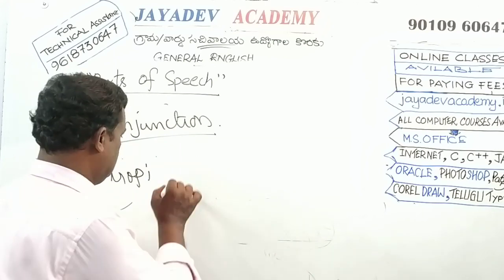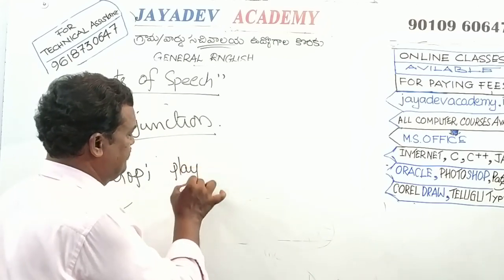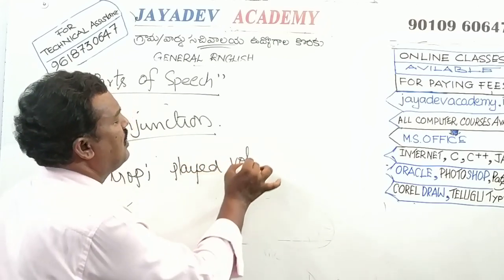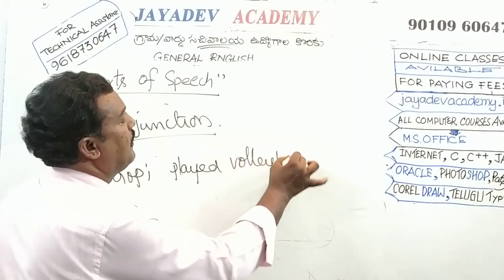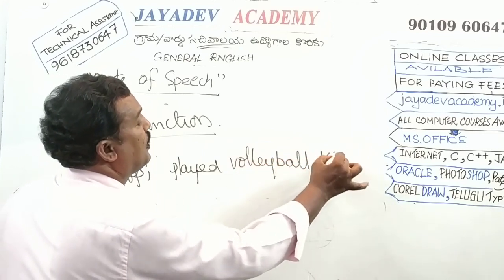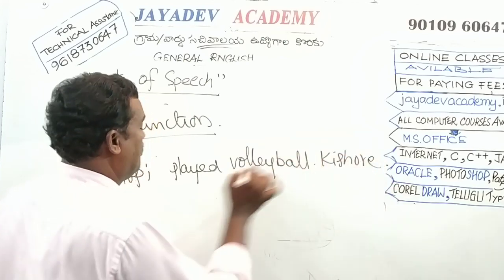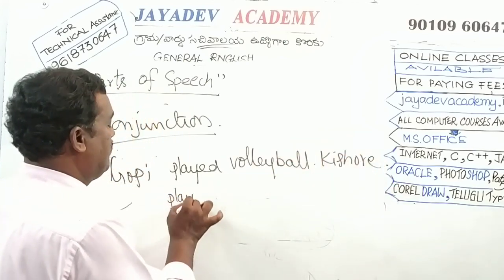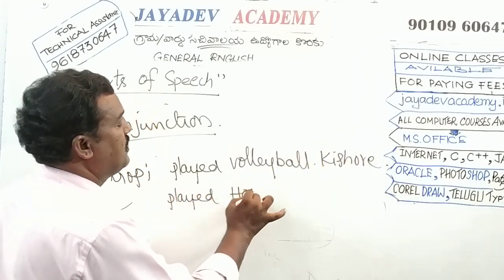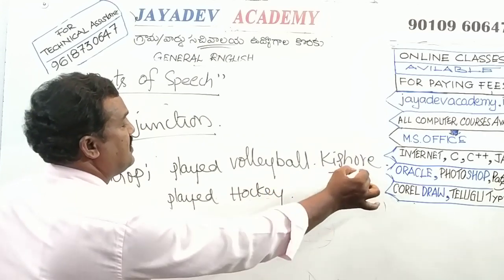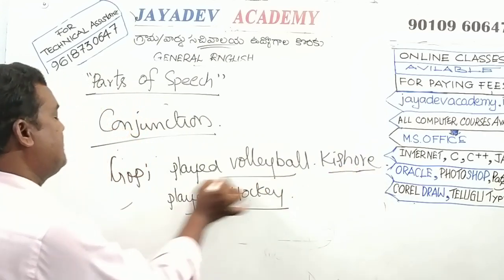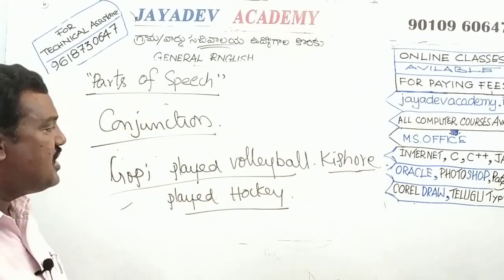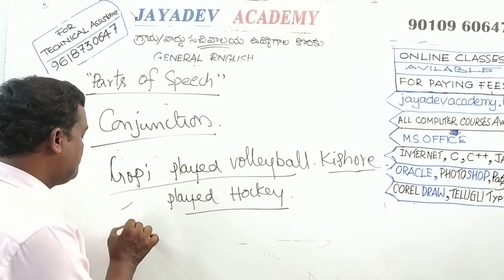Gopi played volleyball. Kishore played hockey. Here, these are two sentences. Two sentences we can join together with a conjunction.